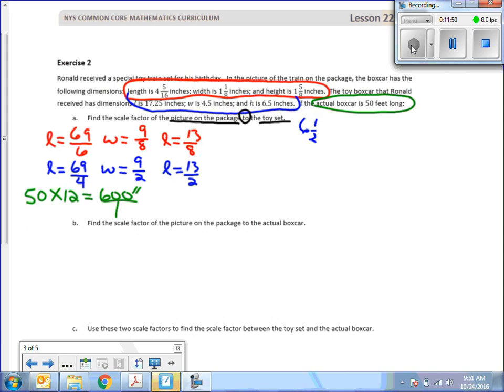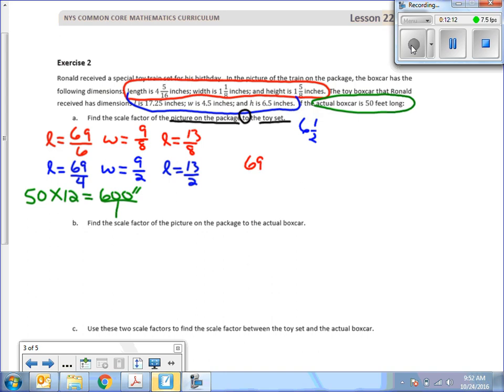Okay. So A says find the scale factor of the picture on the package to the toy set. So picture on the package to the actual toy set. We can use any one of the three. I could use length to length, width to width, height to height. I will use the length. So I would take 4 and 5/16, which is 69 over 16.